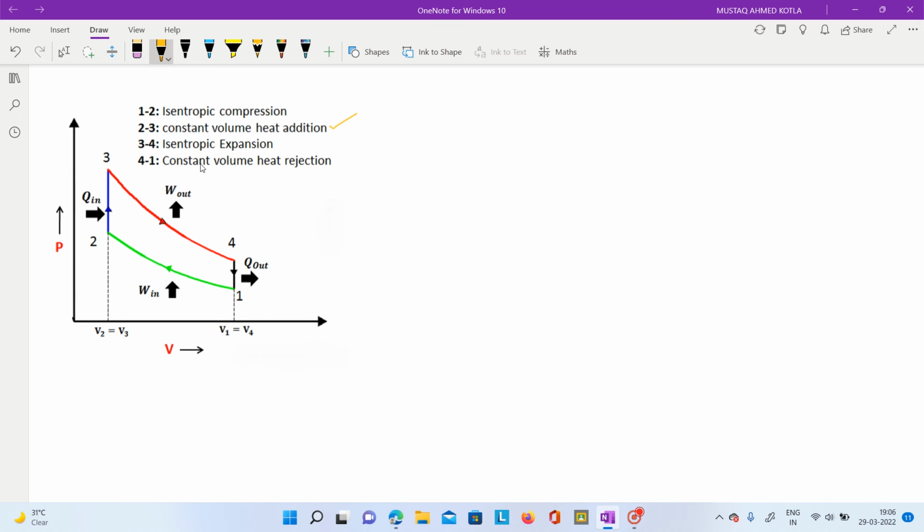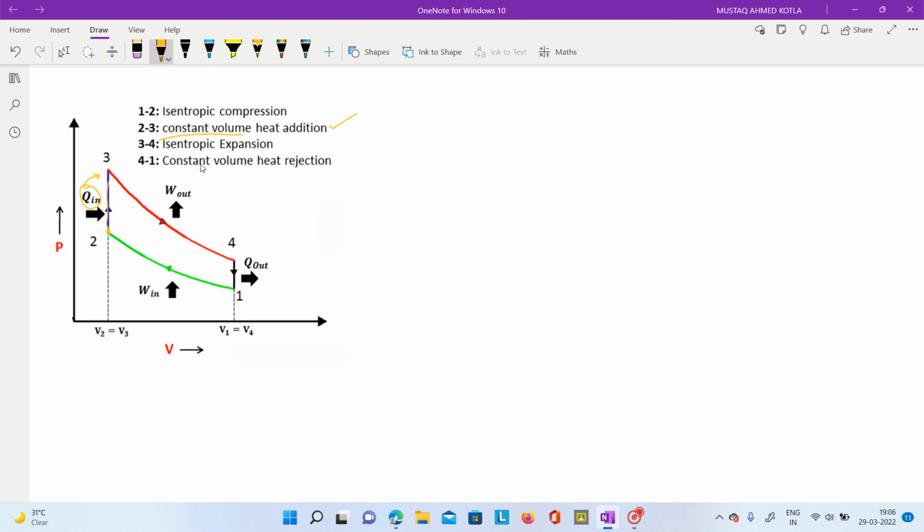Constant volume heat addition process. See, we are telling it as constant volume. Why are we telling constant volume? Because at 2 we got here, and pressure gradually increases, and heat energy also we are going to increase.